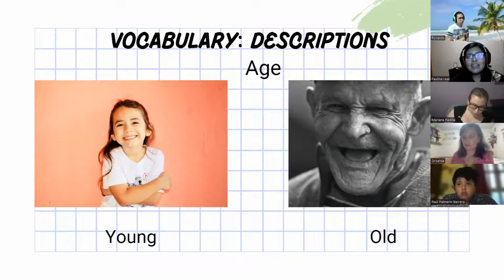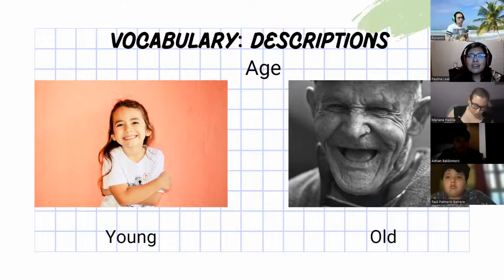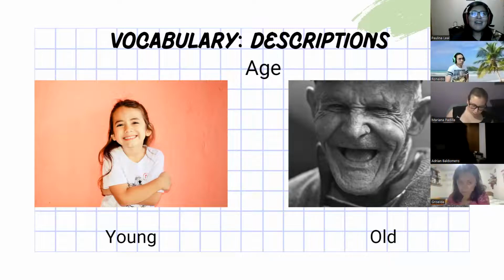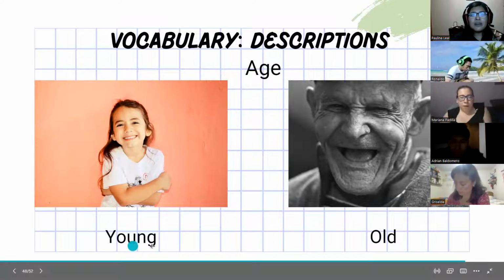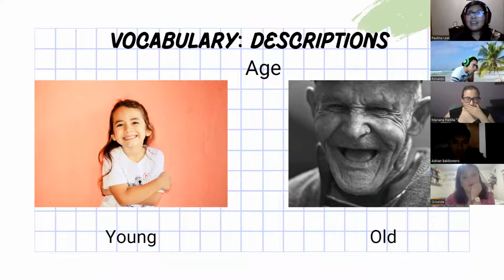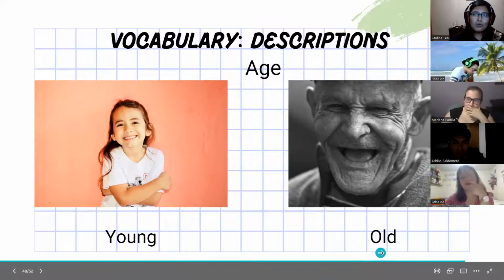Okay. So another description that I can do is age. How many years have I been alive? How many years have I been on this earth? So if you are only 5 years old, then you would say you are young. If you are 95, 80 years old, you would say you are old.